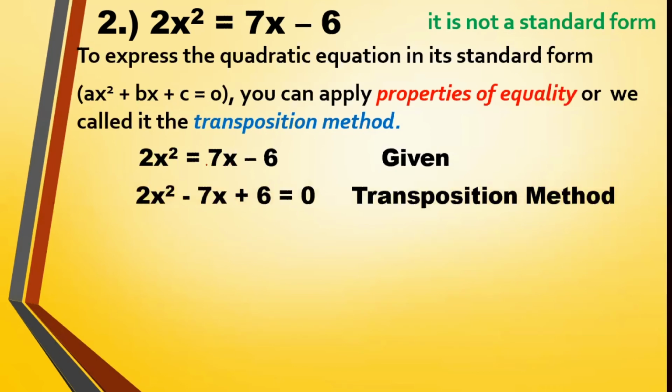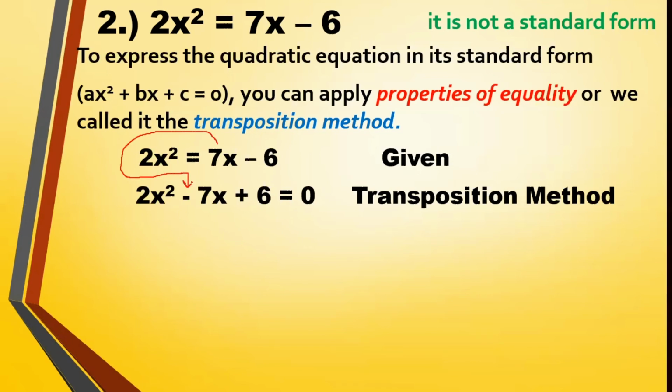When we transpose, in standard form it should always be equal to 0, and the only number after the equal sign should be 0. All the numbers, even with variables or whole numbers, should be on the left side of the equal sign. So 7x, we transpose it, or move it to the other side of the equals. If it is positive, we always change the sign, so it becomes negative.